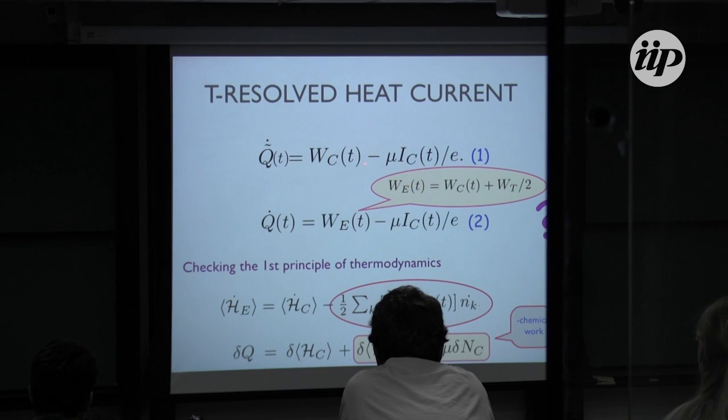But when we look at the time-dependent definition, it makes more sense to consider a definition of heat where, instead of the energy flux into the reservoir at time t, we also include half of the energy which is stored in the central region.